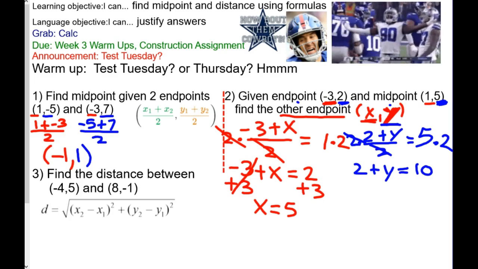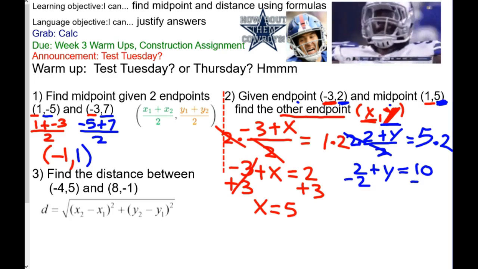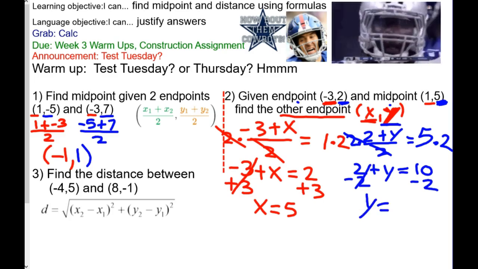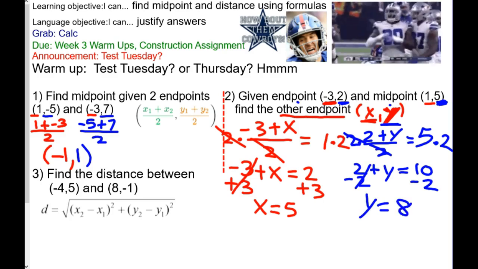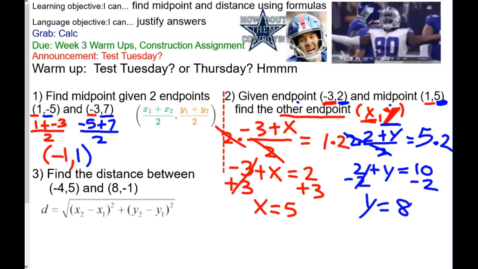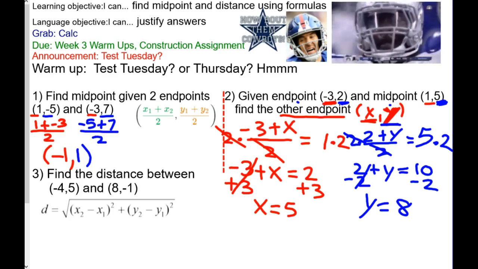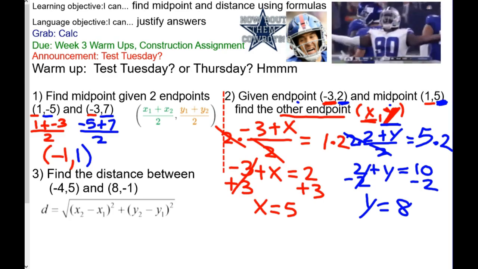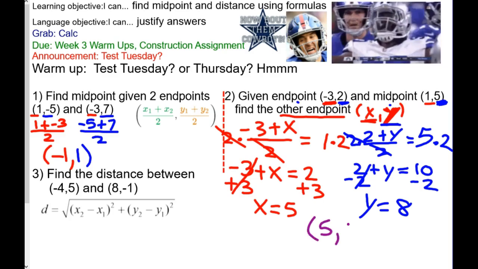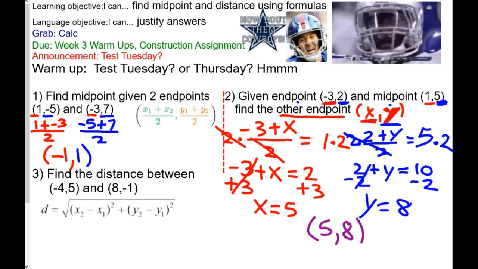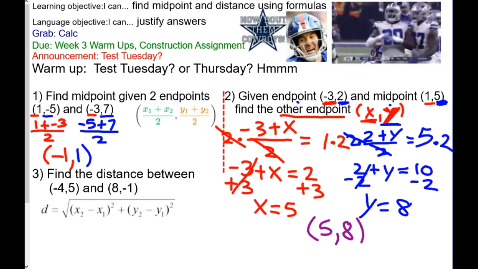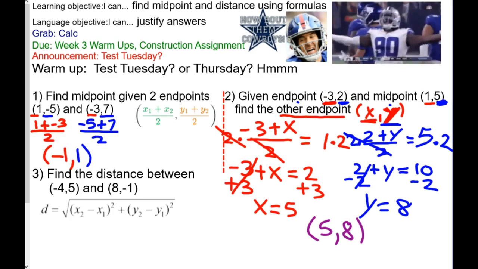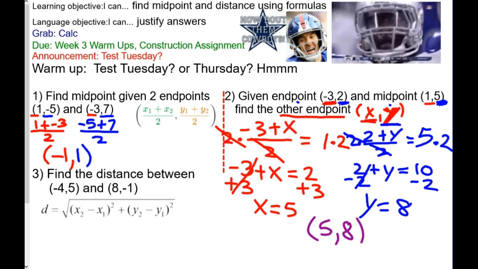And then to get rid of that 2, we subtract. 10 minus 2 is 8. Now when you're doing these, I don't want you to leave it like that, because the answer is a coordinate pair, x comma y. So let's write it like this, 5 comma 8. Okay? Got that, Jeremy? All right.